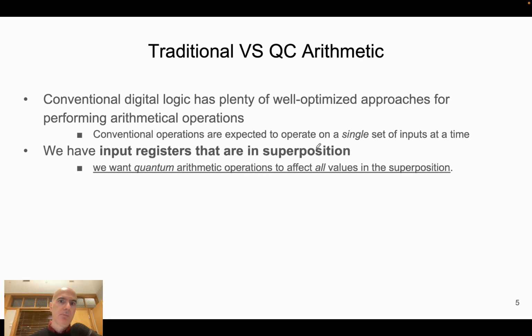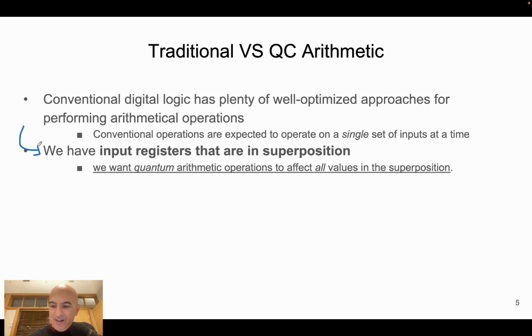There are also ways we can use parallel computing, but in the basic implementation, conventional operations are sequential, unless we go to parallel computing. However, in quantum computing, we can use the fact that we can compute in superposition. That means that when we do, for instance, an increment operation, we want the quantum arithmetic operation to affect all the values in the superposition.